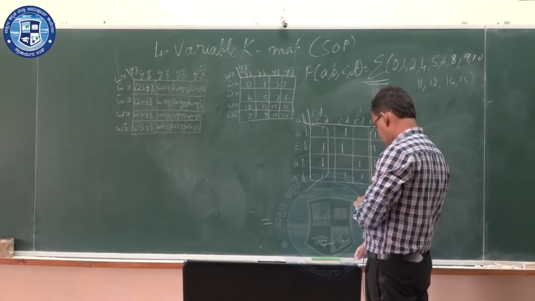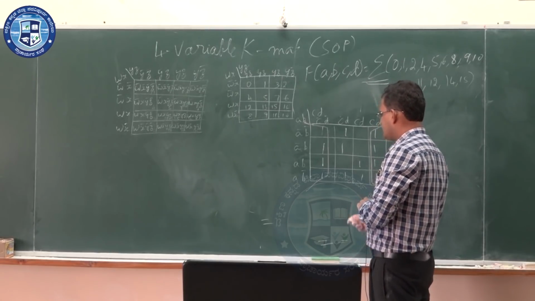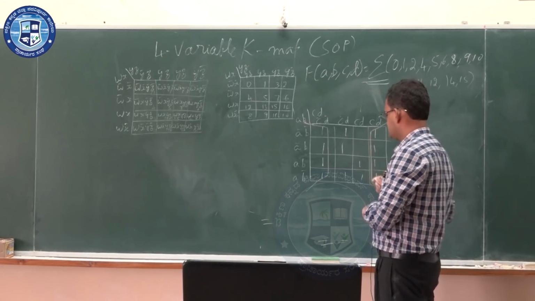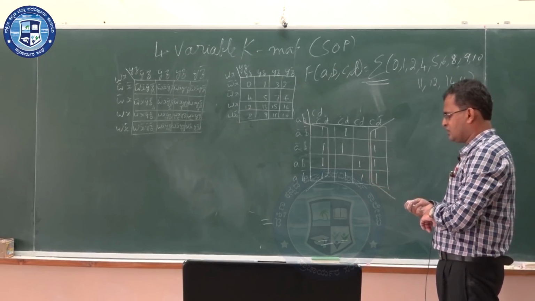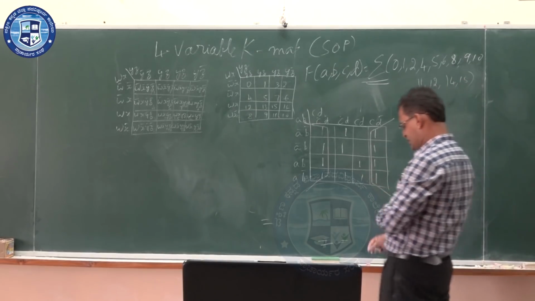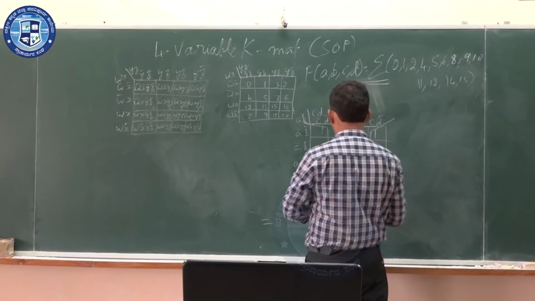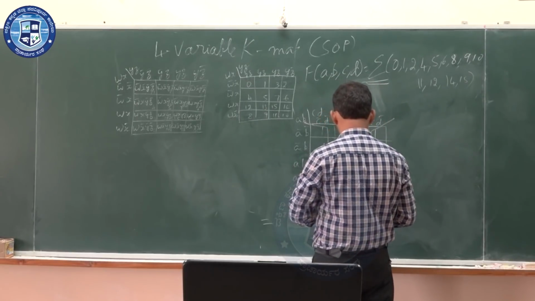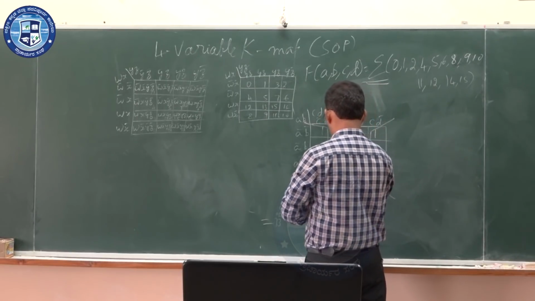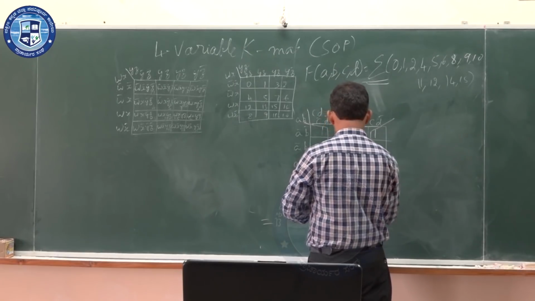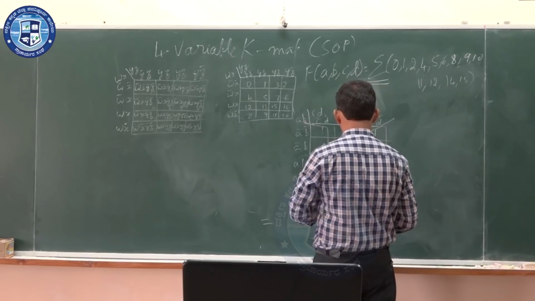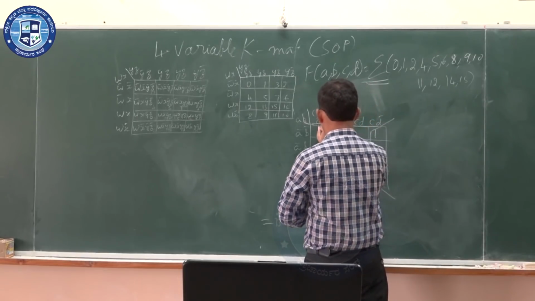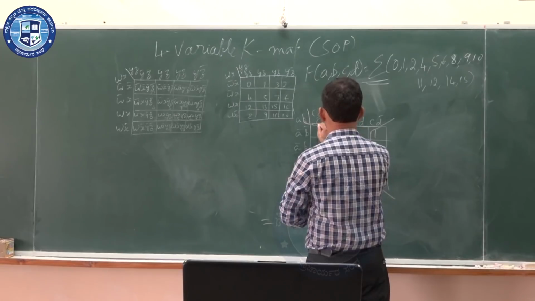Next, I can go for a pair. Instead of that, the maximum grouping is nothing but a quad. So, I will go for a quad, that is quad 1, quad 2.